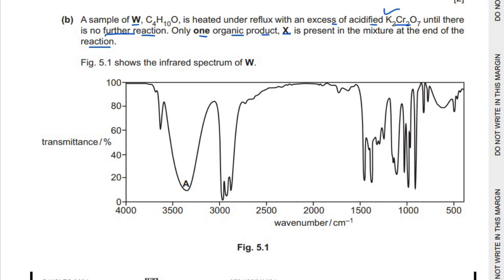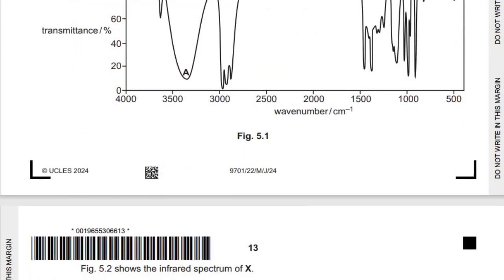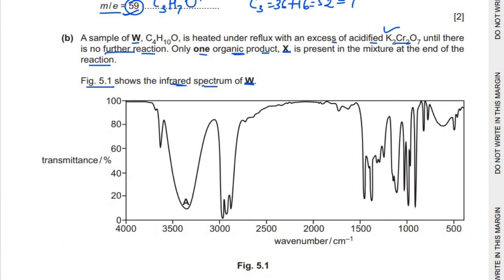Potassium dichromate is an oxidizing agent, and only one product, called X, is formed from W. Figure 5.1 shows the infrared spectrum of W here.